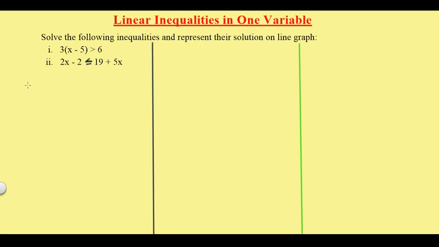Number 1, we have 3 open bracket x minus 5 close bracket greater than 6. So we are to solve for the value of x and put it on a line graph. Similar to the way we approach our linear equation, we open the bracket, it becomes 3x minus 15 greater than 6.